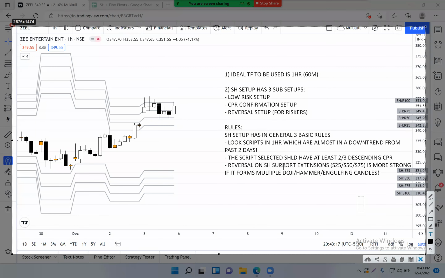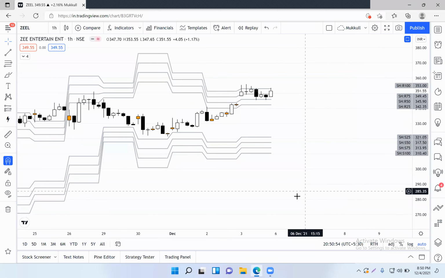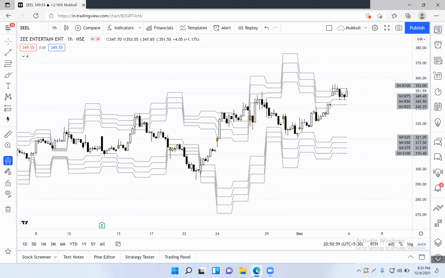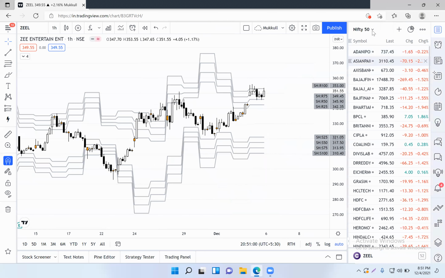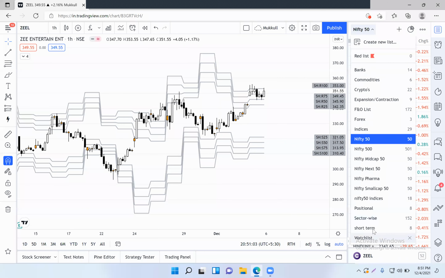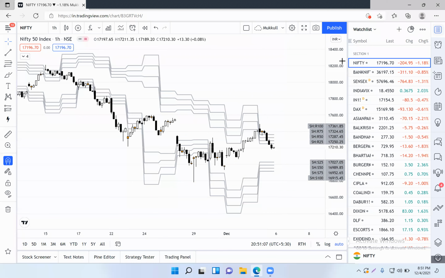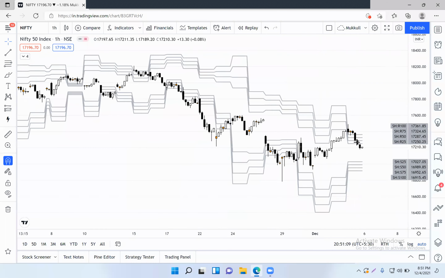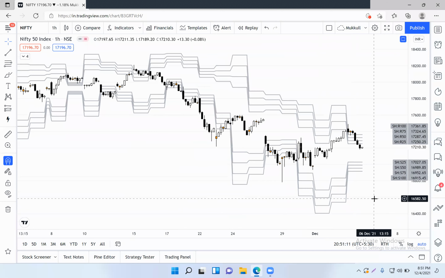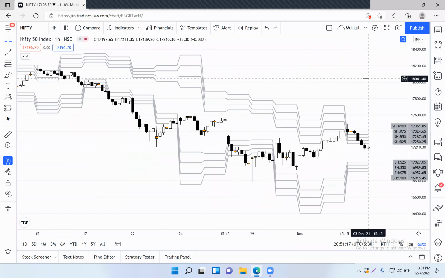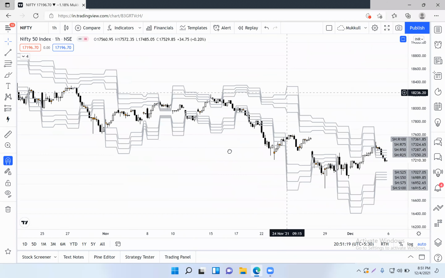Right, guys. So now let's technically move towards this. Now let's see, let's start with Nifty only. So what actually happened in Nifty? You must have seen that Nifty is falling. Correct. So let's check it on 1 hour and see if some rules are coming into our graphs.